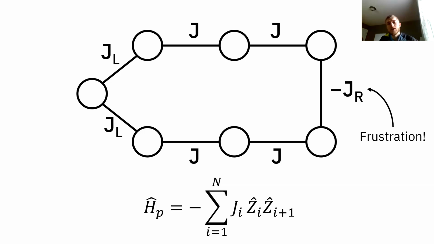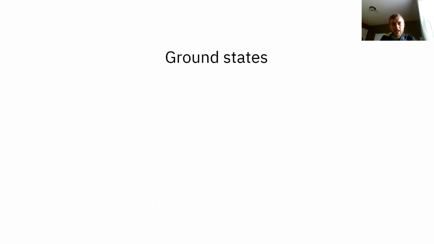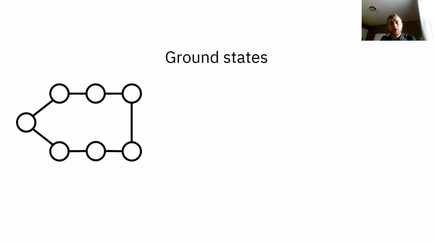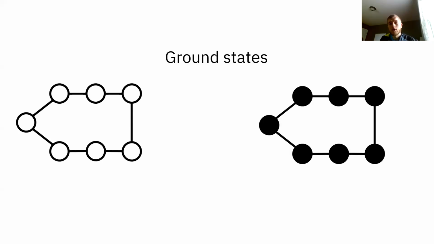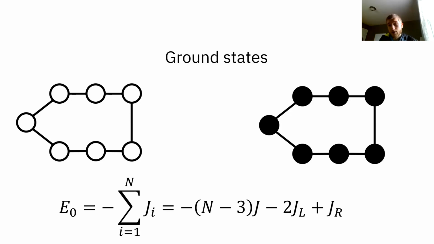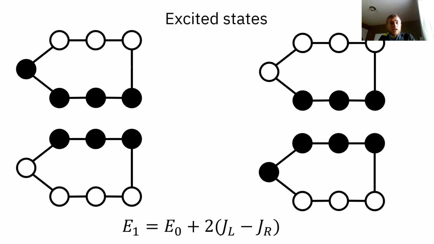And I can give you a few pictorial views of what the ground states look like and the first excited states to get a handle on this. The ground states are either all in one state or all in the other state, which I've shown as unfilled and filled circles. In this case, we can calculate what the ground state energy looks like, and it looks something like this. Again, not so important the exact values. What's more important is that we can calculate this, so we have an idea of what it is. The first excited states look something like this.